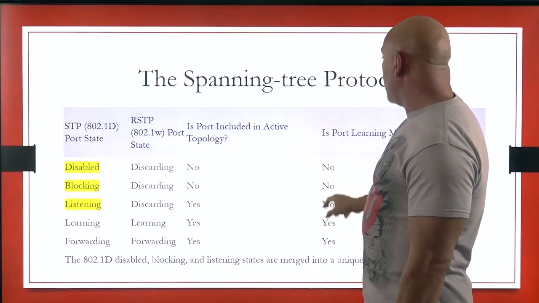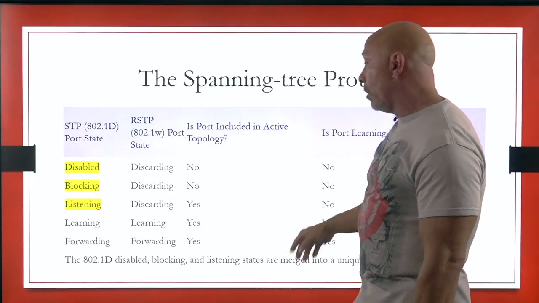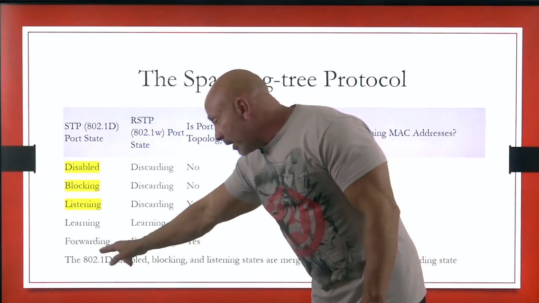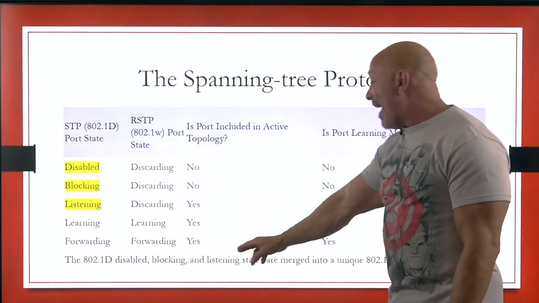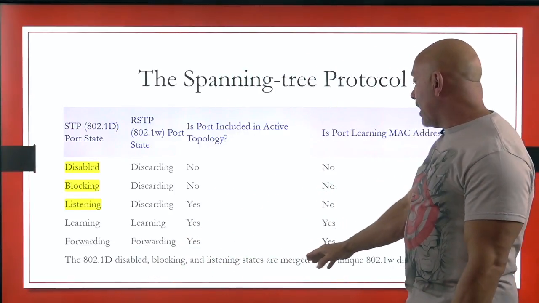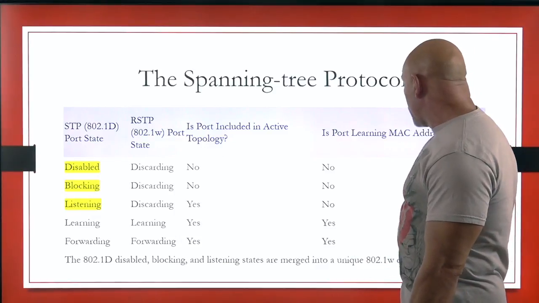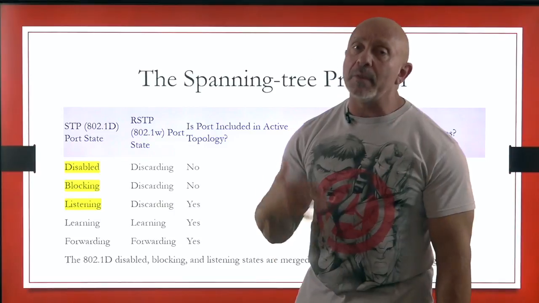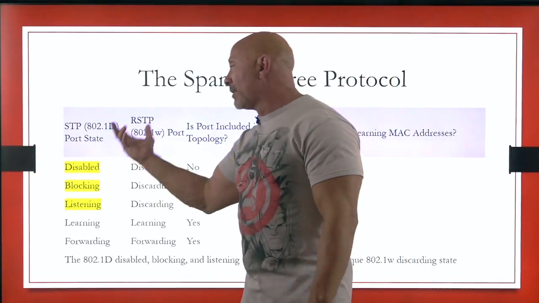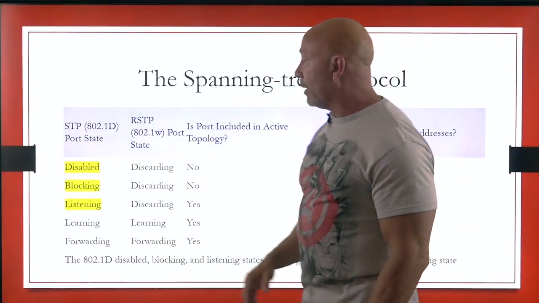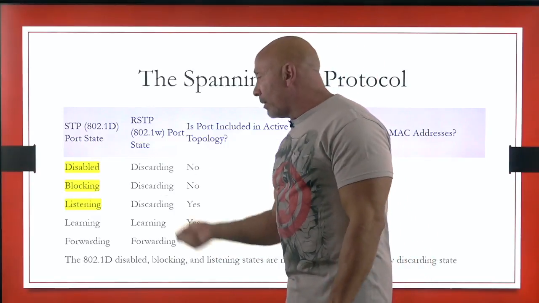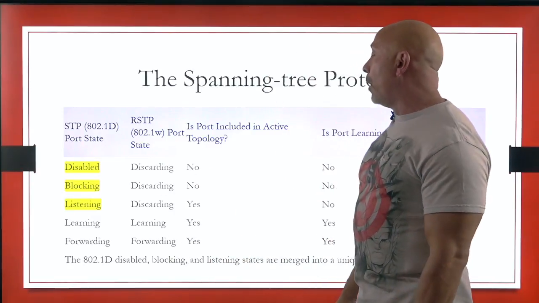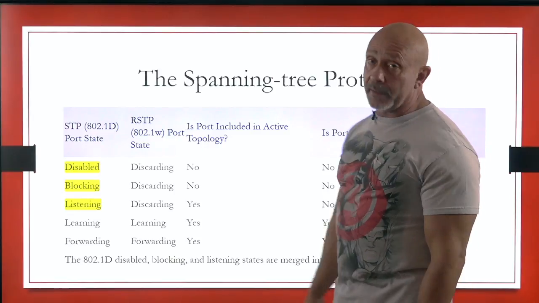And then over here, learn MAC address, no. Learning and forwarding, they're both yeses. But why? Because the 802.1D disabled, blocking and listening states are merged into the 802.1w, which is RSTP. 802.1w is RSTP, and 802.1D is just regular spanning tree. So it combined those states into the discarding state.